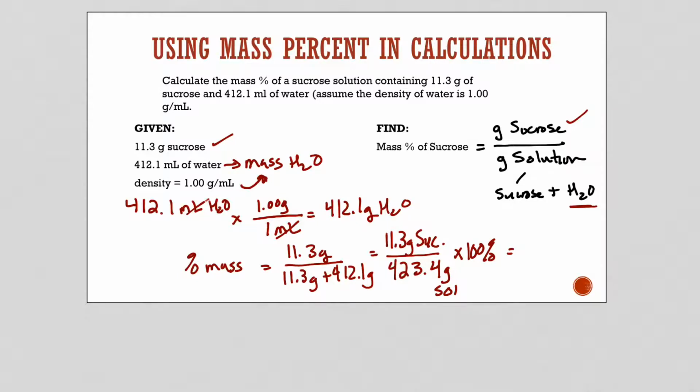So if I go ahead and do that math, I get 2.69% sucrose. So this solution comes out to be 2.69 mass percent sucrose. Okay, so there's a simple problem where we're just solving for the mass percent.